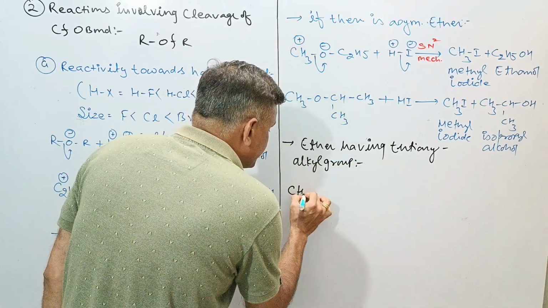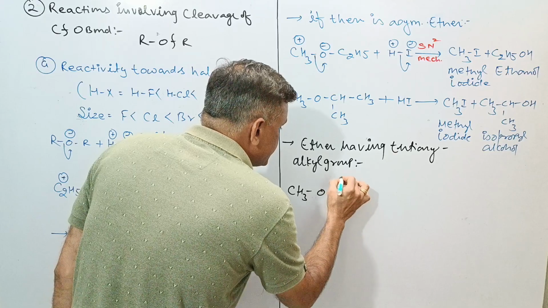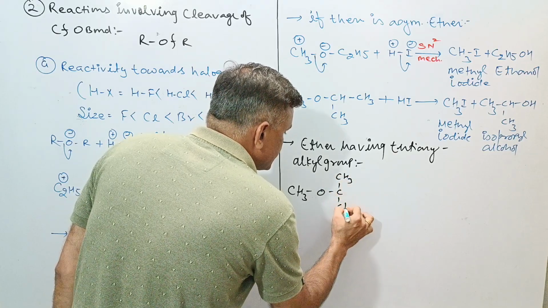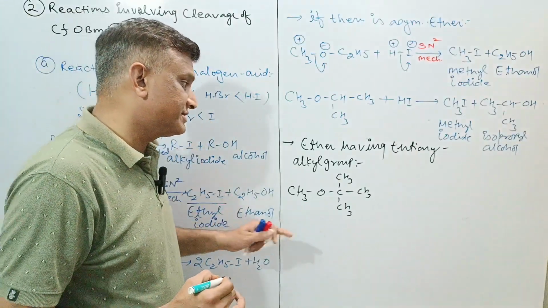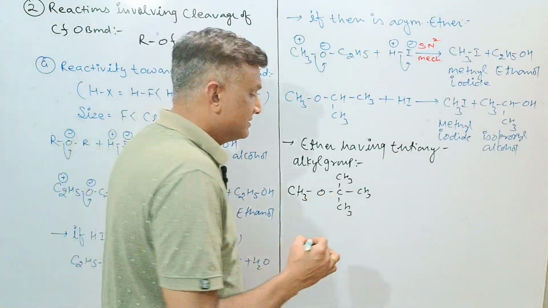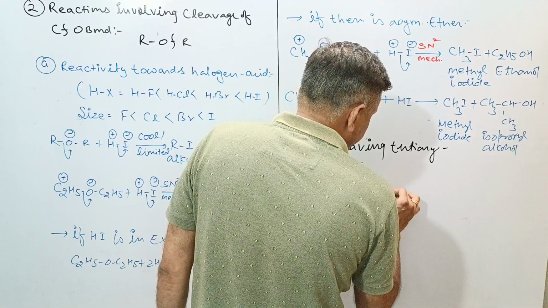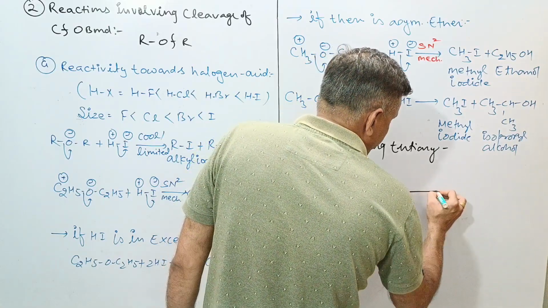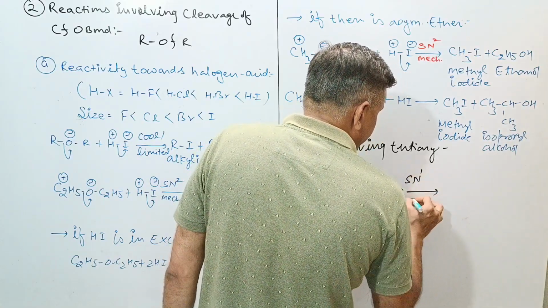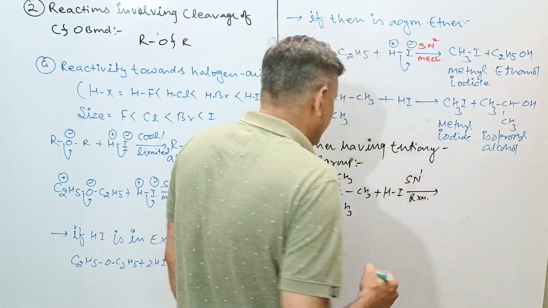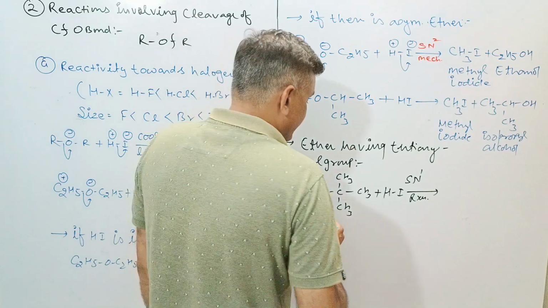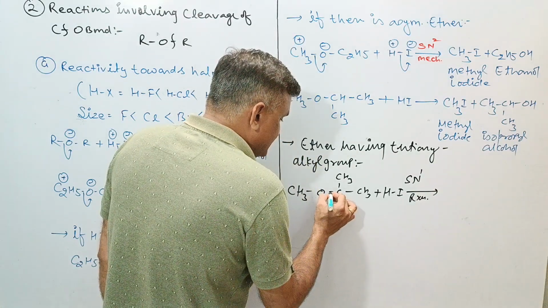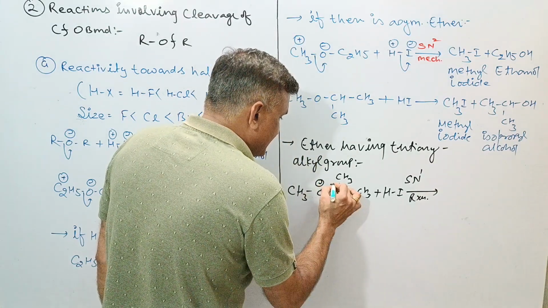This is CH3, OC(CH3)3. Here the 3-degree carbocation is more stable. So on reaction with HI, the mechanism will be SN1 because of the formation of the stable 3-degree carbocation. So cleavage of the bond will be as follows. Here the electronegativity is larger and lesser.